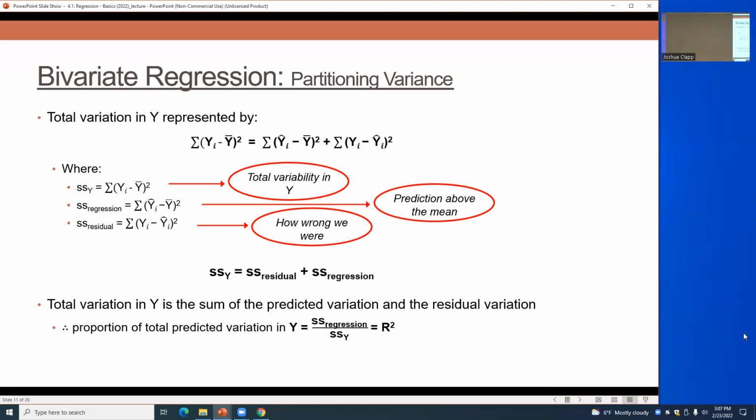If my sum of squares regression is very, very high, what then is my sum of squares residual by definition? Low.